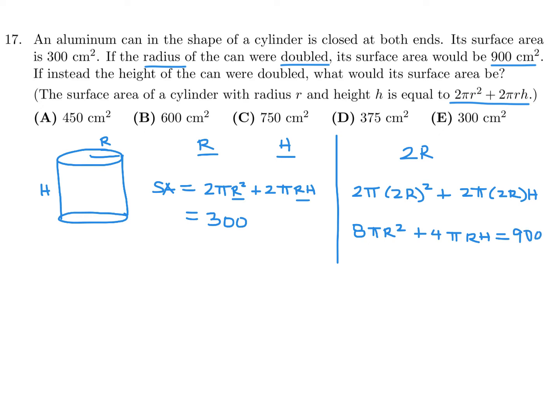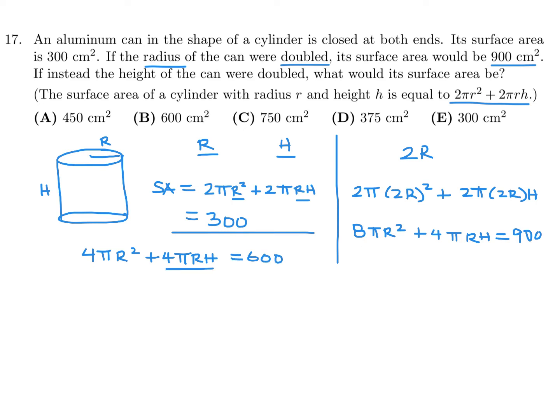Okay. All right, so what are they asking then? If the height is doubled, what would be the surface area? Okay, I got it. All right, I guess we have to manipulate these equations. So I'm going to try to manipulate this guy first. I'm going to multiply both sides by 2. And that's going to give me 4 pi r squared plus 4 pi r h is equal to 600.